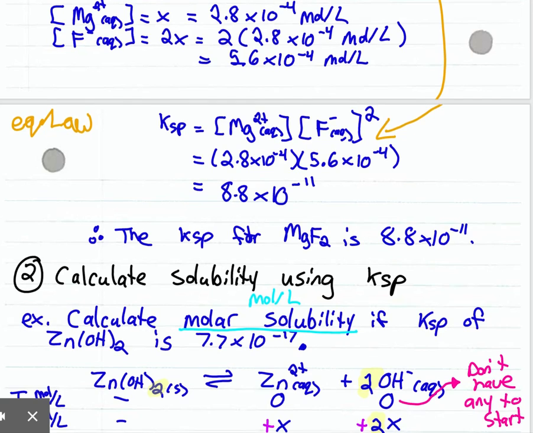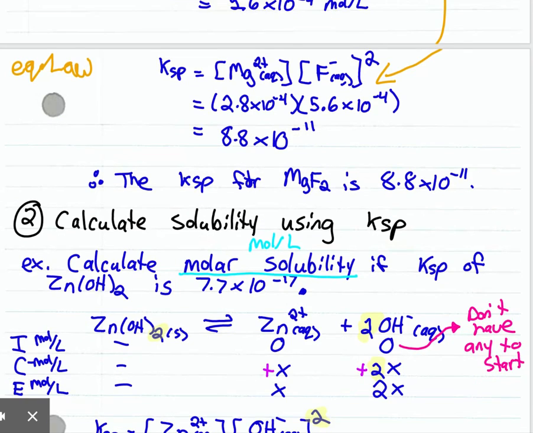Okay. So we're going to take these values, and just like how we calculated K equilibrium in the past, we're going to use an ICE table. Okay, so here's our ICE table. We are putting dashes here for the solid because we don't care about the solid. The solid does not go in the KSP expression. There's zeros for initial concentrations of both ions because we don't have any to start.